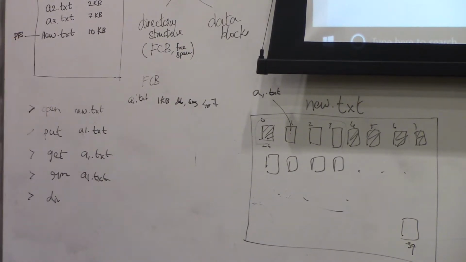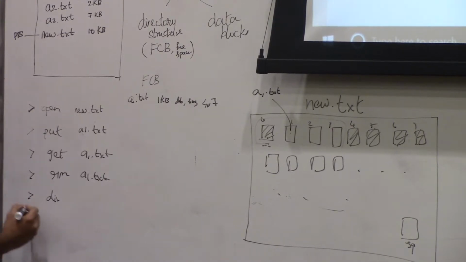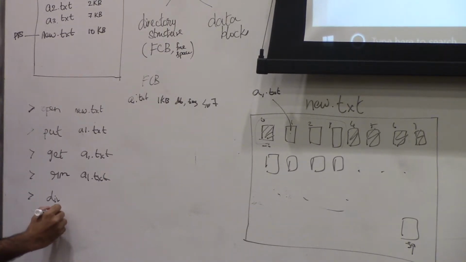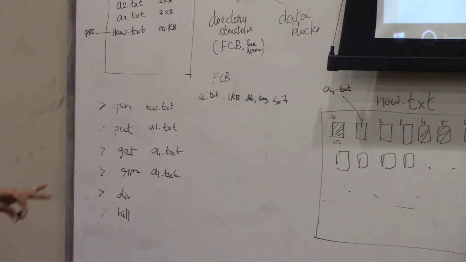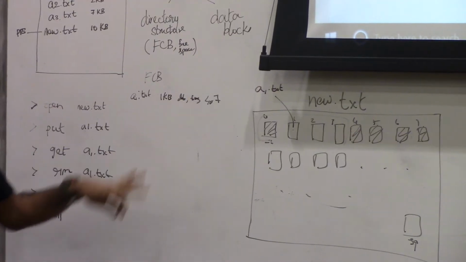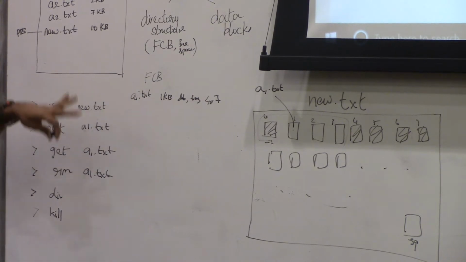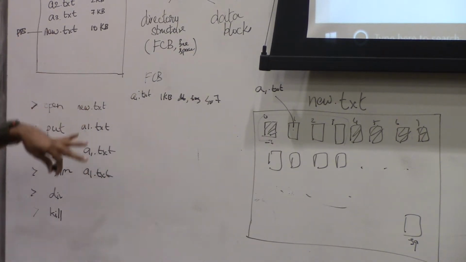And then I will just go for the kill. Kill will delete the PFS file. If you are giving kill new.txt, then you should delete your PFS file.